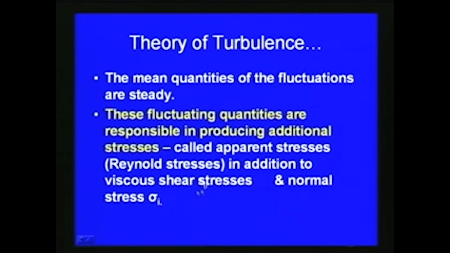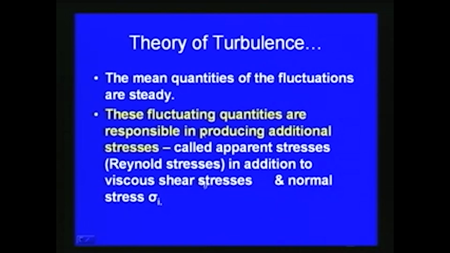In any fluid there is already a shear stress component and a normal stress component, and in turbulent flow, other than these, we additionally have the apparent stresses or Reynolds stresses due to the fluctuating quantities.